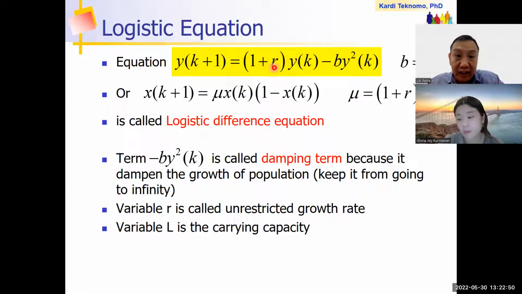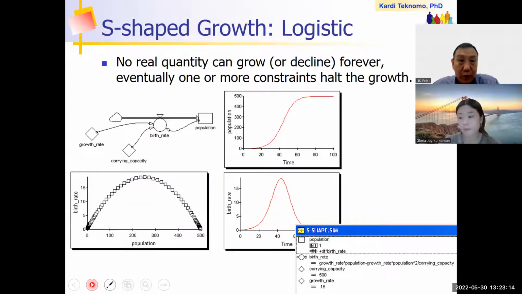The R here is the unrestricted growth rate, and this is the negative, to make it slower. And the L is the carrying capacity. In that case, we can simplify into just one equation with one parameter, mu.